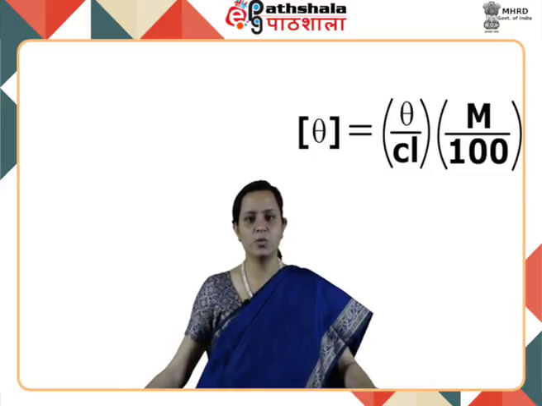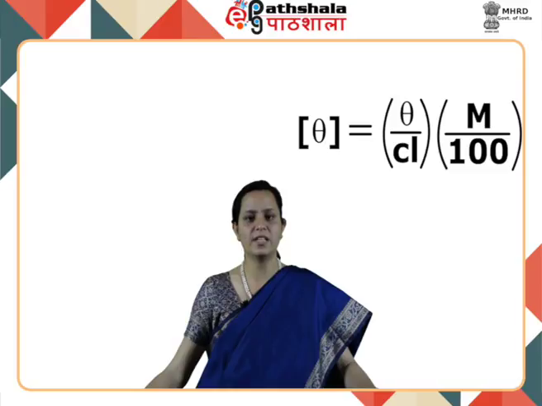Now, the molar ellipticity of the sample is given by theta is equal to theta divided by CL times M divided by 100, where C is the concentration in moles per liter, L is the path length in centimeters, and theta is the measured ellipticity.